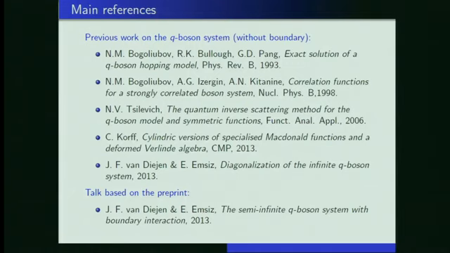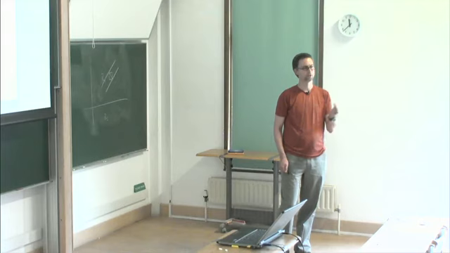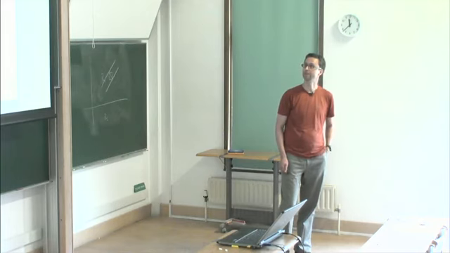So what is it? It's a system of quantum particles which is managed by creation and annihilation operators which satisfy a q-oscillator algebra. And the particles can move on a ring, so a circular lattice, or on just the whole integer lattice.